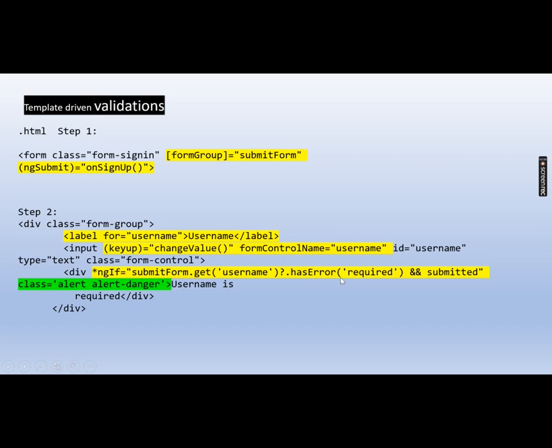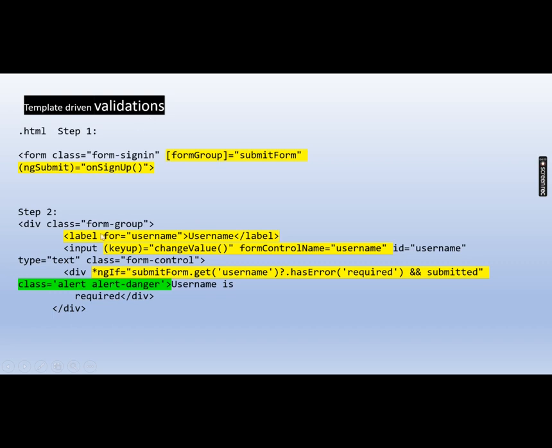If any error is there, suppose the user has not entered any value, then it is required, and submitted will become true. If the user has entered a value, then submitted will become true. That is a boolean type. This submitted value also we are going to define in the .ts file.